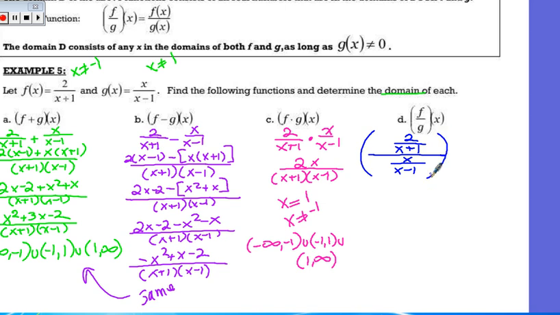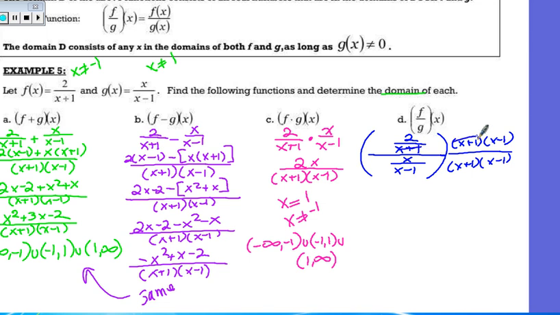So I'm going to multiply everything through by the greatest common multiple, which is x plus 1, x minus 1. And if I multiply the top, I also have to multiply the bottom, because this is now a 1 equivalent. So anything times 1 is the same value. I'm not changing the value of this combination division here, just the way it looks.